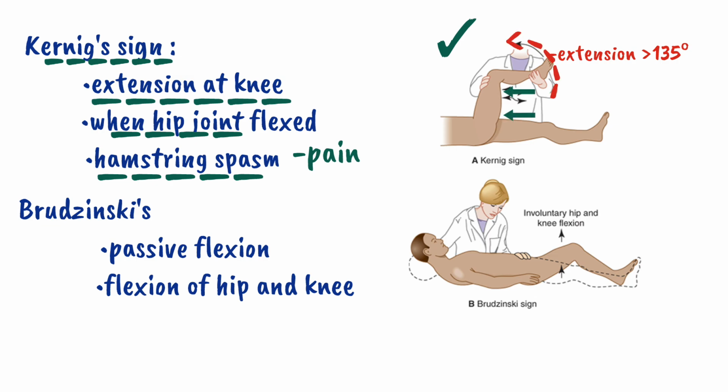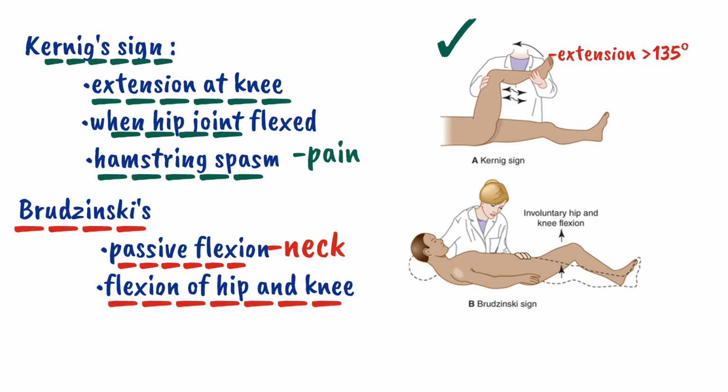It is called a Kernig sign. And the Brudzinski sign means when we flex the neck, there will be involuntary flexion of hip and knee joint. You can see in this image, when we flex the neck, there will be involuntary flexion of hip and knee joint. It is called a Brudzinski sign.